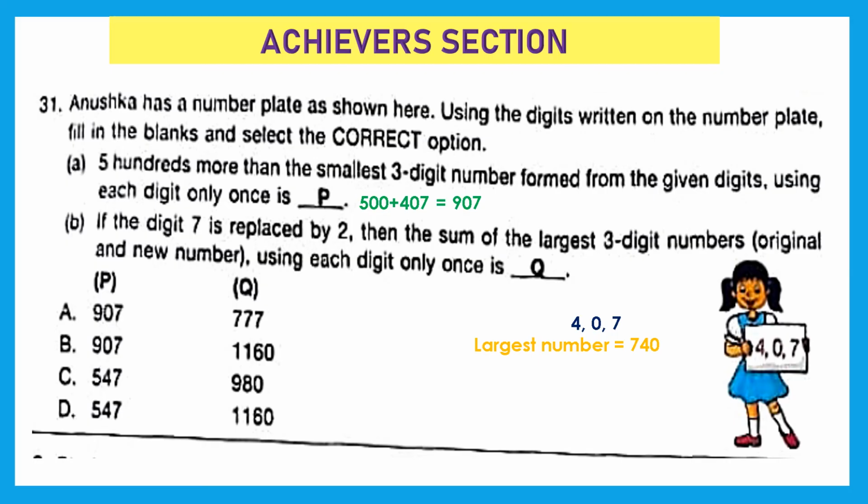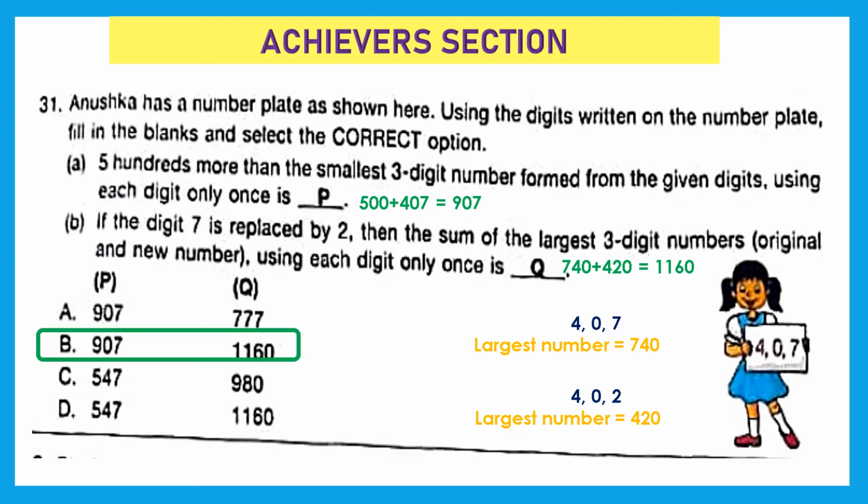Now they are saying if the digit 7 is replaced by 2. So now we have 402. Now what would be the largest 3-digit number from these 3? It is going to be 420. Now we have to add them. So it is 740 plus 420, which is equal to 1160. Right answer is option B.